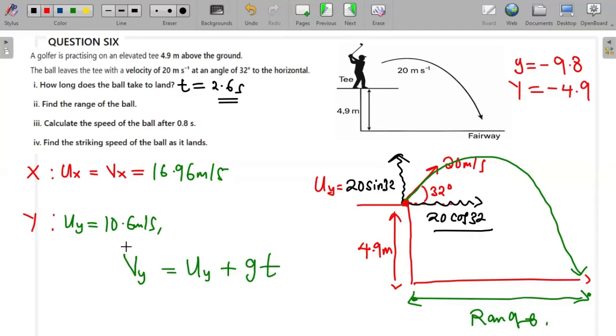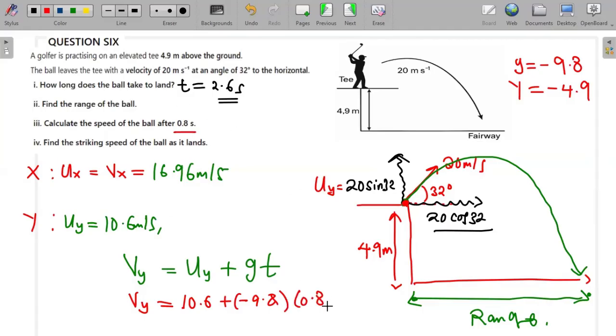Now my final velocity in the y, I don't know it. So Vy is equal to my initial Uy, 10.6, plus g. As we said, the motion at the start is opposing motion, so g is negative 9.8. And the time is 0.8 seconds, because they said after 0.8 seconds.